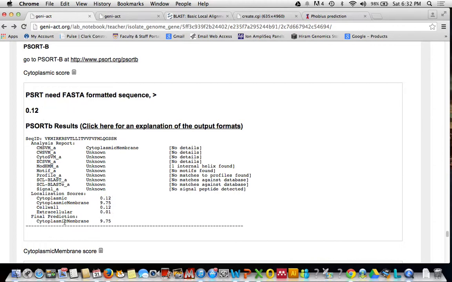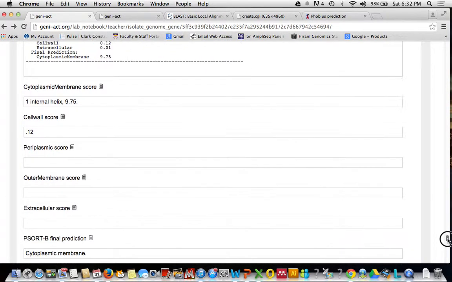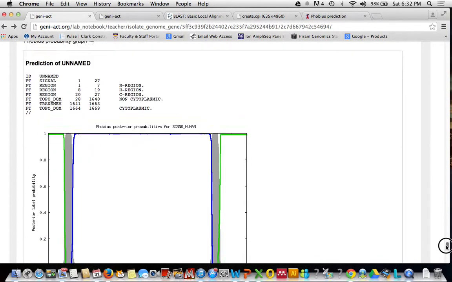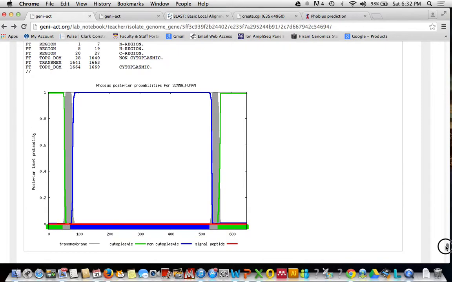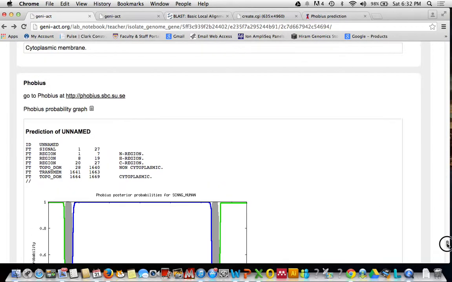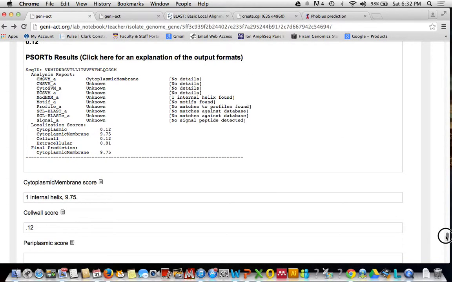From PSORT, I can see my highest PSORT score is in the cytoplasmic membrane. So PSORT is predicting that this protein is in the cytoplasmic membrane. Phobius also predicted that my protein had transmembrane helices, suggesting that it is in the plasma membrane.